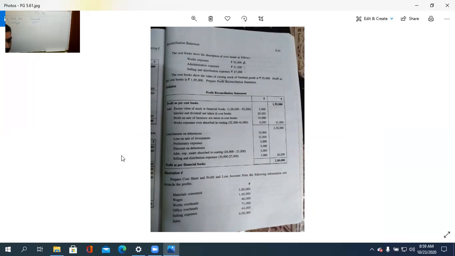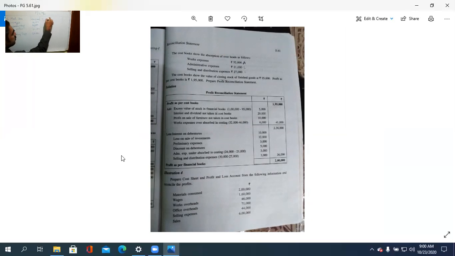Then to works overhead, it is 46,000. Then to office overhead expenses, this all, okay, 71,000. Then to selling expenses, how much is it? 44,000.